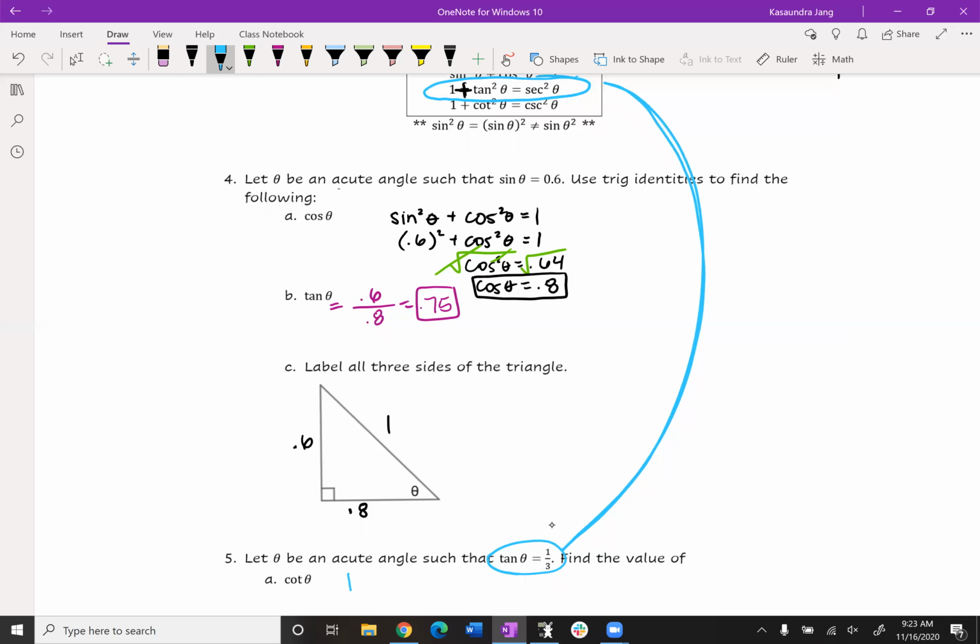Okay, I'm going to do 1 plus, instead of tangent squared, my 1/3 squared. And that'll equal secant squared. Okay, all right. So then walk me through how to solve this.